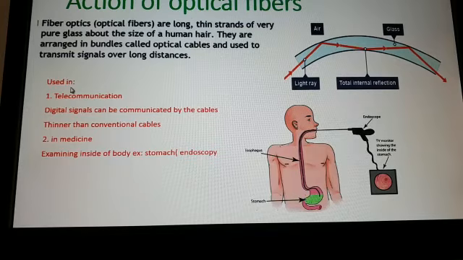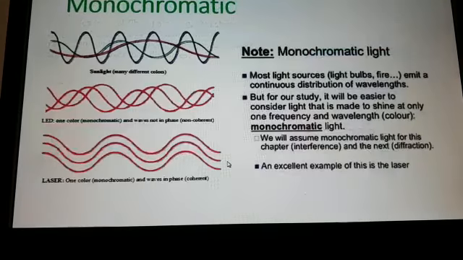Digital signals can be communicated by the cables, which are thinner than conventional cables. In medicine also they are used for examining the inside of the body, for endoscopy, as you can see in this picture.